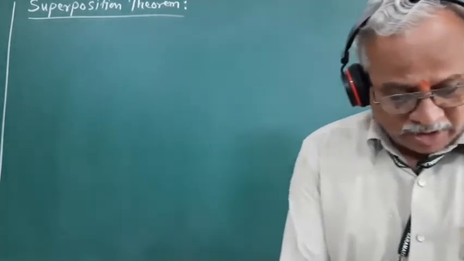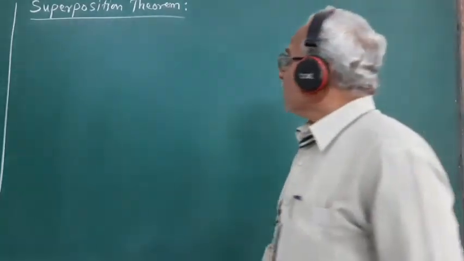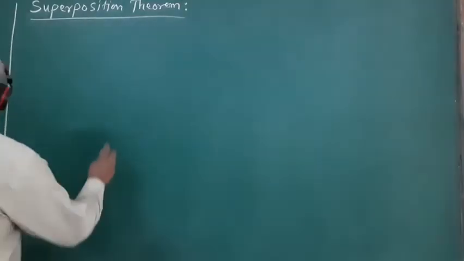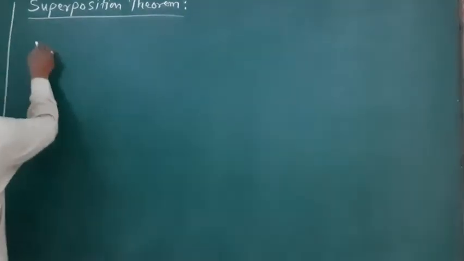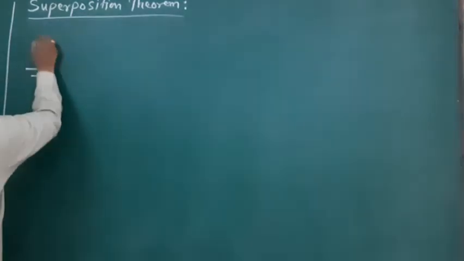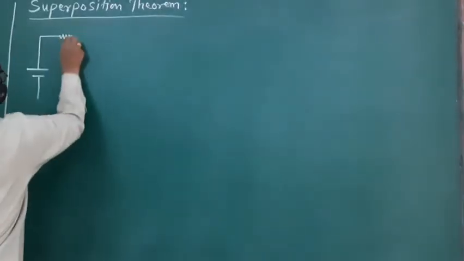So to understand the use of this superposition theorem, let us consider, for the sake of simplicity, a network containing two sources of EMFs and three resistors.